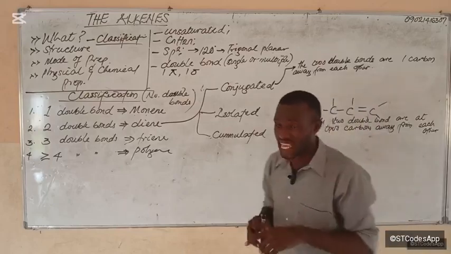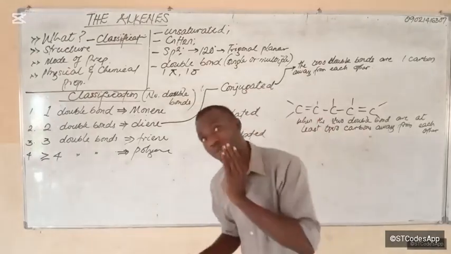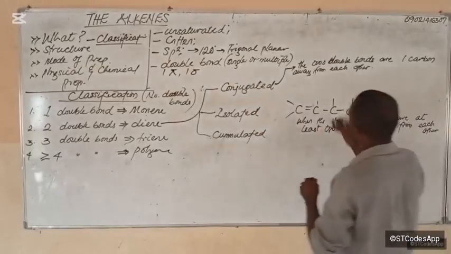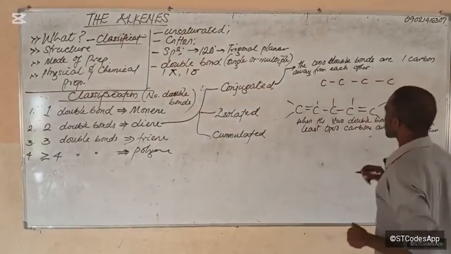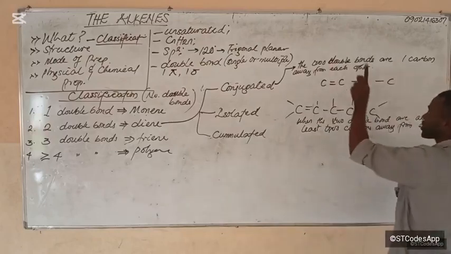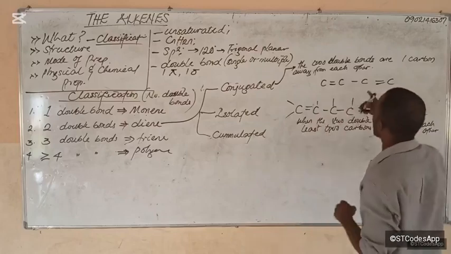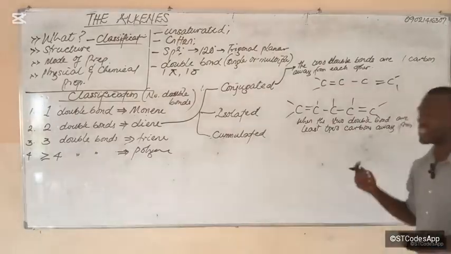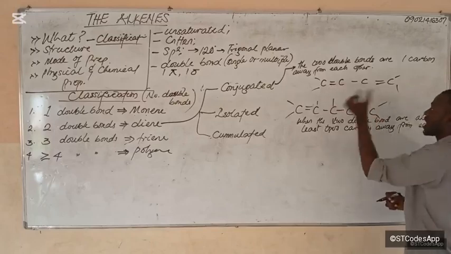Because they are just a carbon away from each other, they form a conjugated system. I'm going to explain the effect of that conjugated system. Let's say I have my carbon skeleton like this, and I put my double bond in the first one. If I skip one bond and put my double bond again here, then this is conjugated. Why is it conjugated? Because I have a double bond, a single bond and a double bond.